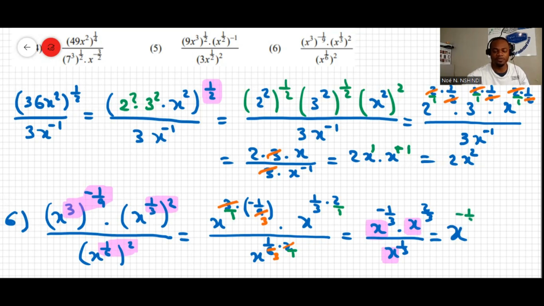So it's going to be negative third plus 2 over 3, minus 1 over 3 there. Because the denominators are common, we can just add the numerators. Minus 1 plus 2 minus 1 is equal to 0. So this is going to be x to the power of 0, which is equal to 1.